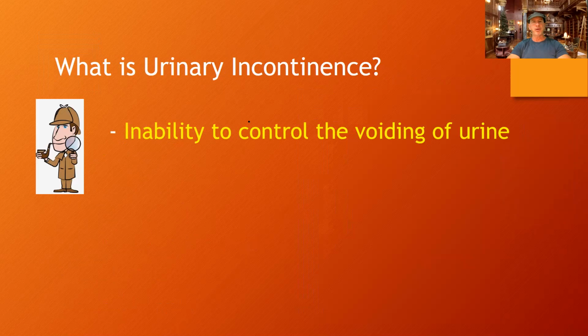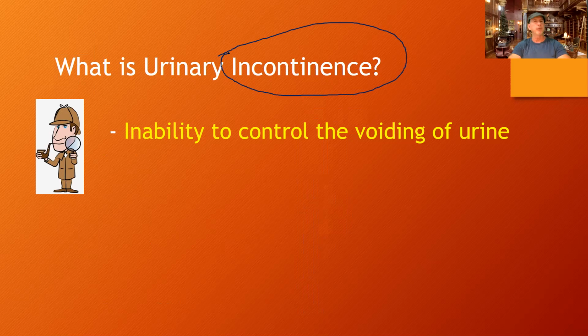What is urinary incontinence? Urinary incontinence is the inability to control the voiding of urine, unlike urinary retention, which is where you can't void at all. An easy way to remember this: urinary incontinence, these are the people that pee the bed.